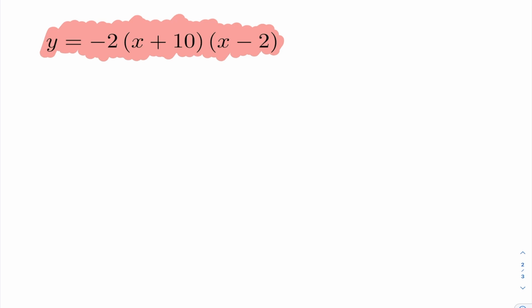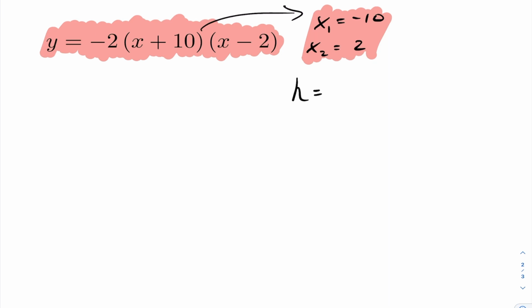So what we can do instead of using the negative b over 2a formula, we can take a look at what our roots of this quadratic are. And we're going to have a root here at negative 10, and our second root is going to be at 2. Because of the symmetry of the parabola, if I take my roots and add them up and divide by 2, that is another way I can get my axis of symmetry or my h value here.